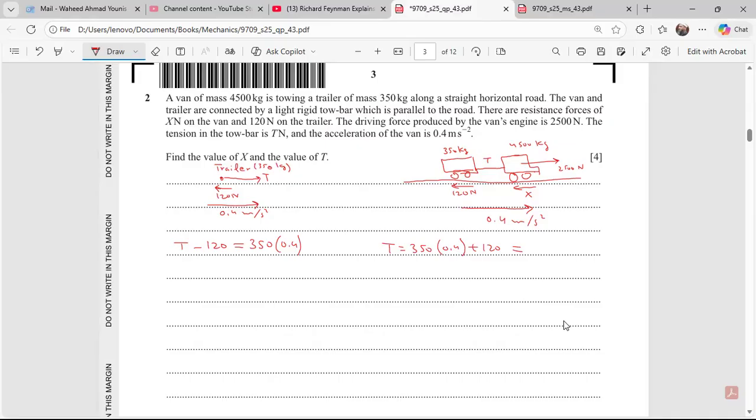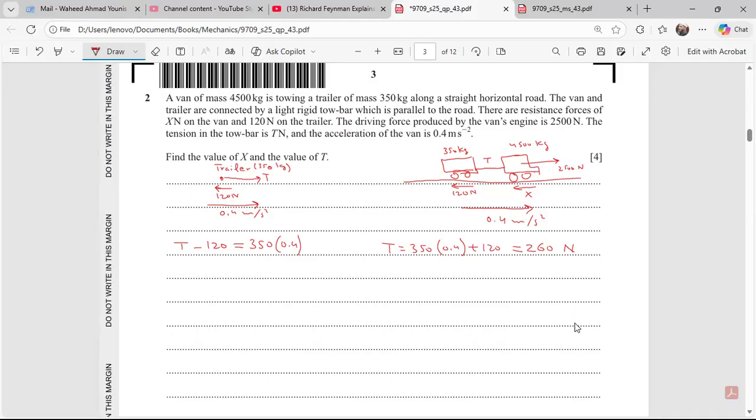Am I right? 260 Newton. 350 times 0.4 plus 120. Yes, 260 Newton. Now let's make a free body diagram for the van.